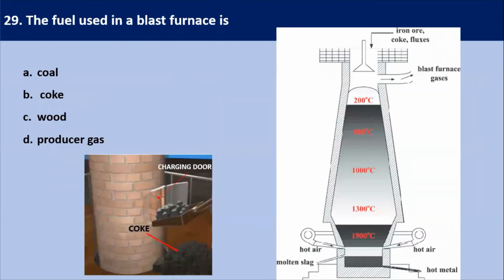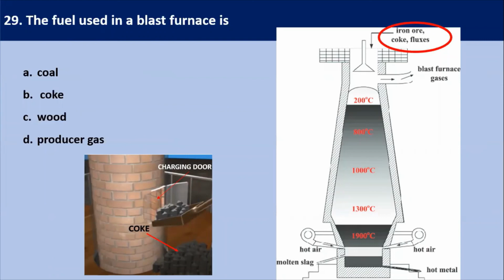Next question, the fuel used in a blast furnace is... As shown in the diagram, here we use coke as a fuel in the blast furnace. This is the coke. We know that coke is the universal fuel used in the blast furnace.